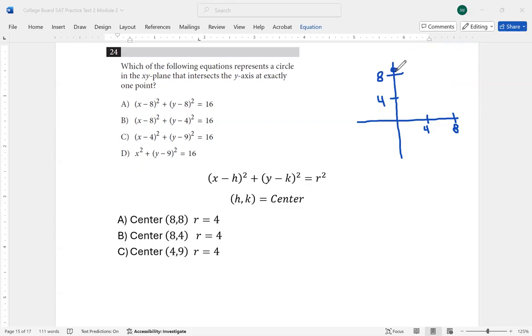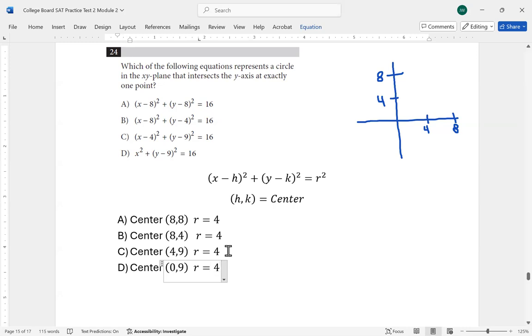And if we had radius 4, we'd cross the, not x-axis, excuse me, we'd cross the y-axis in 2 spots if we were using D. So D has center 0, 9 with radius of 4.